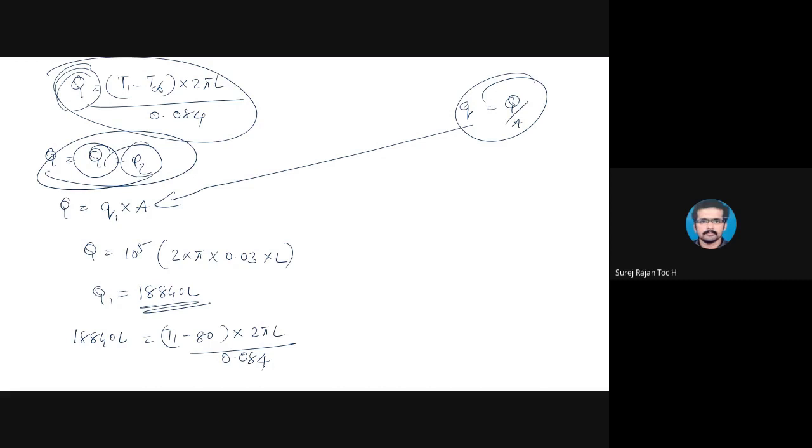You can cancel out the L term, which is common on the right hand side and the left hand side. Then rearranging this term, you will get the value of T1. T1 is equal to 332 degrees Celsius. So the inside temperature is T1 is equal to 332 degrees Celsius.